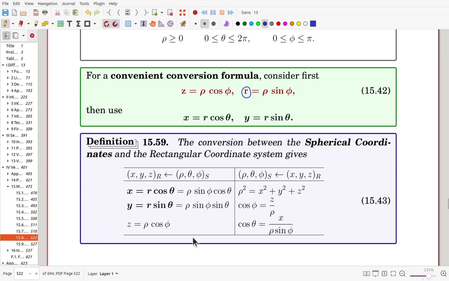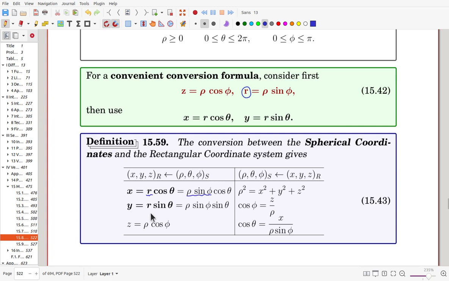Okay, here we have conversion formulas between the spherical coordinates and the rectangular coordinates. From spherical coordinates to rectangular coordinates, we have that x is r cosine theta, and r is rho sine phi, so that r is replaced by rho sine phi.